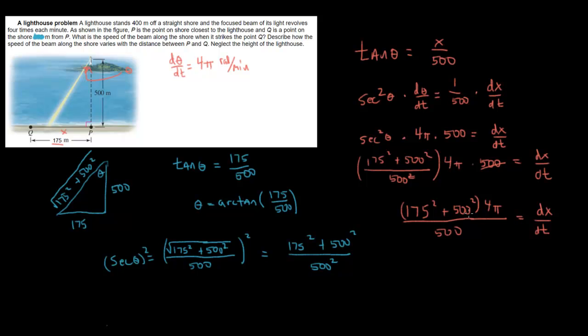Just be careful with your calculator. 175 squared plus 500 squared times 4 times pi, and then divide by 500. Oh, it's 7,052.87577707, etc. Okay, irrational number. So that's an approximation. So it's about, if we round to the nearest whole number, about 7053.